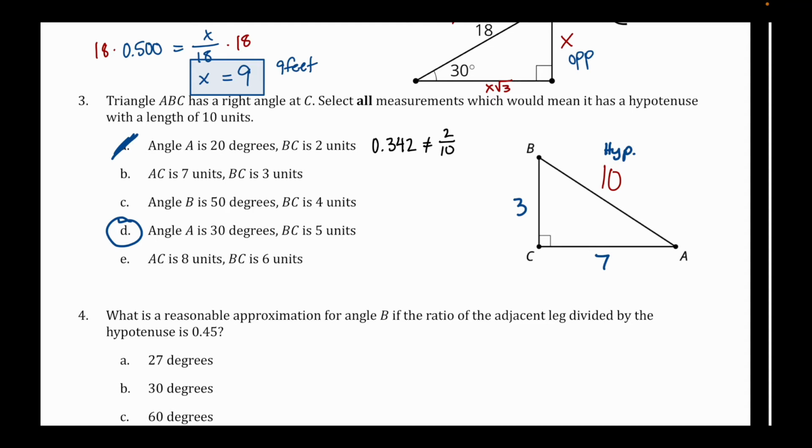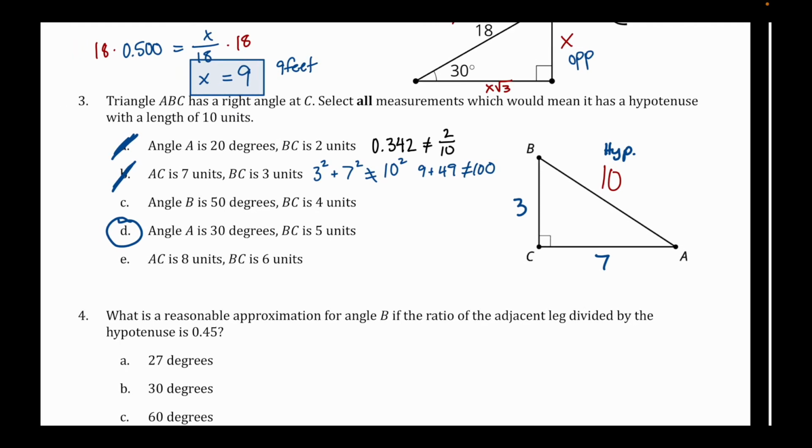But just to prove this mathematically, 3 squared plus 7 squared, is that equal to 10 squared? It's not going to be equal, because 9 and 49 does not make 100. So we can cancel out B as well.